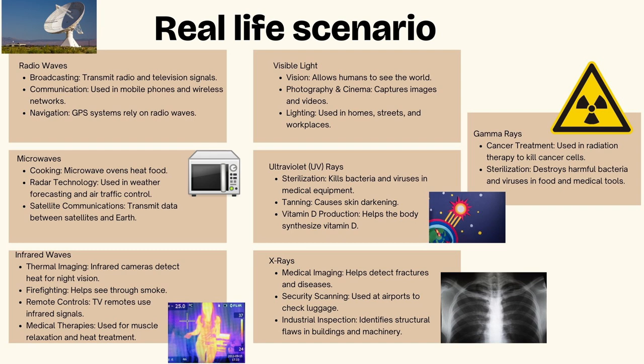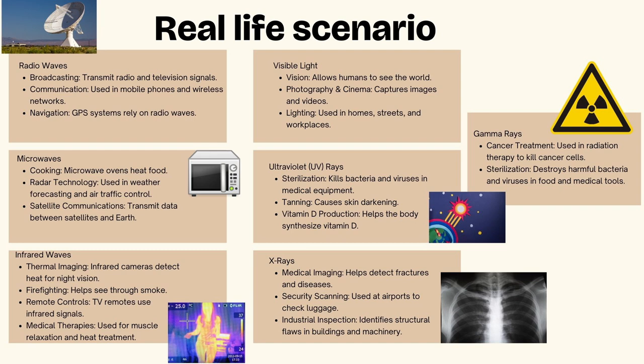EM waves are everywhere in our day-to-day lives, and they come in different types, forming the electromagnetic spectrum. The spectrum starts with radio waves used in broadcasting and Wi-Fi, followed by microwaves for cooking and satellite communication. Then comes infrared waves, which help in night vision, cameras, and TV remotes, followed by the visible light we use to see the world.